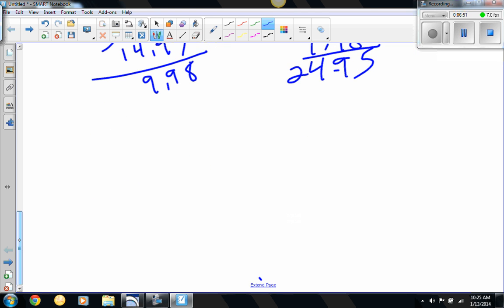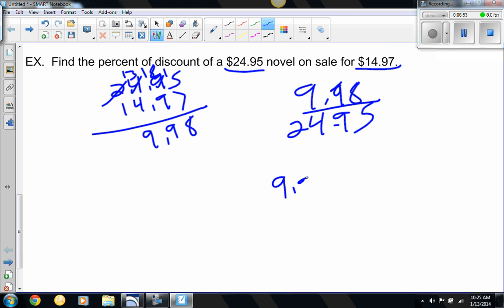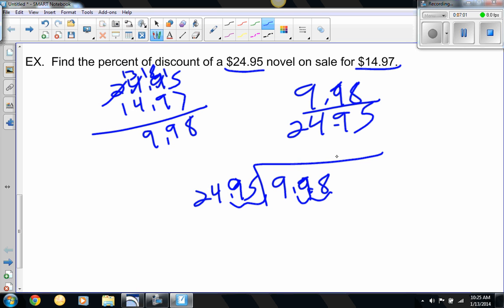Let me get some more room. So I need to put $9.98 in the box. I'm going to divide it by $24.95. Move your decimal two spots. Put your decimal up there because that's where it's going to be. I don't know how far we're going out here, but we'll just put a bunch of spots in there.